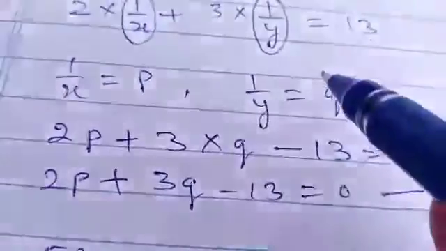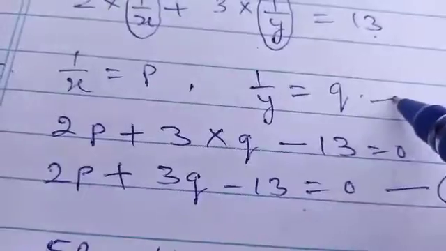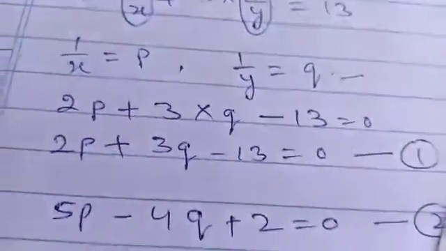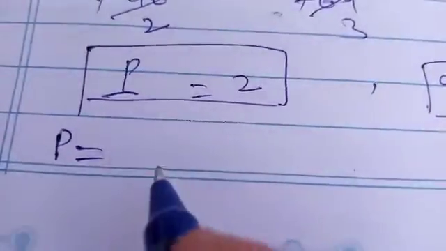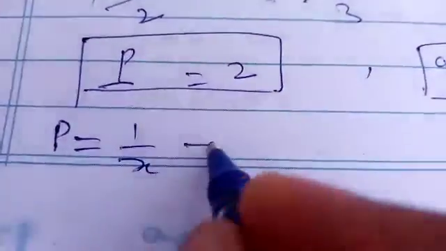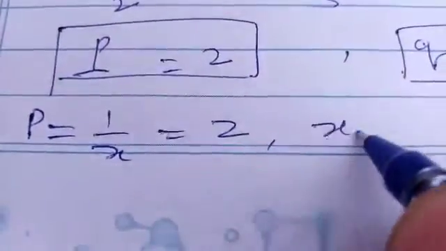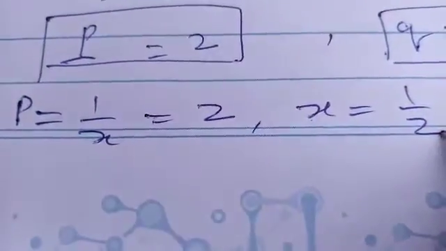Put the values of p and q in the first: 1 upon x equals p, 1 upon y equals q in this form, and you get the values of x and y. So p equals 2, p equals 1 upon x equals 2, and x equals 1 upon 2.